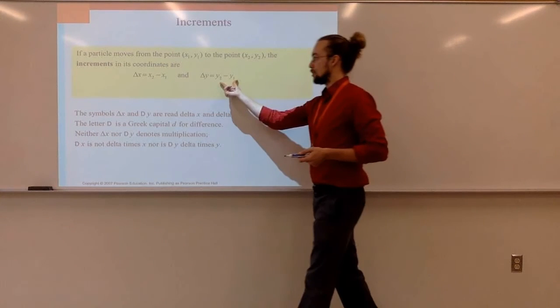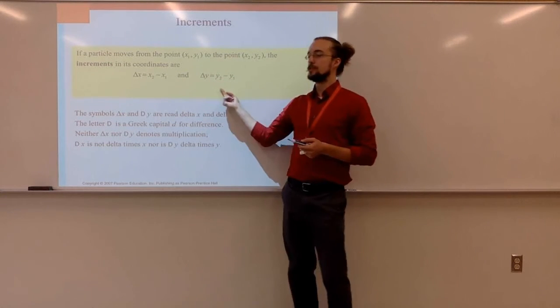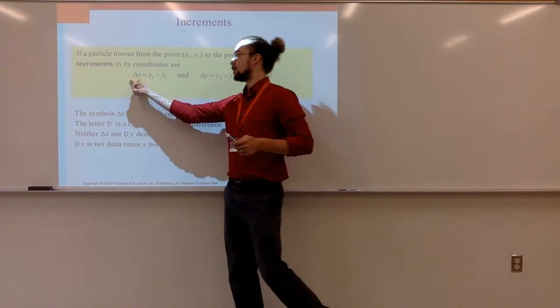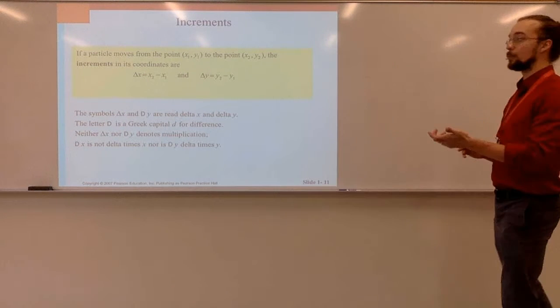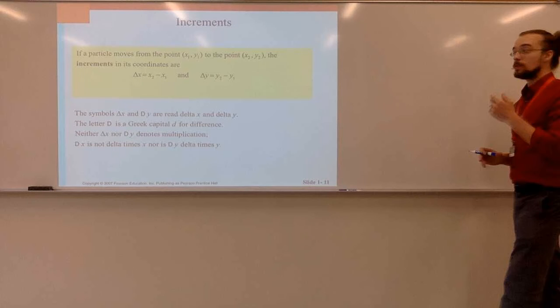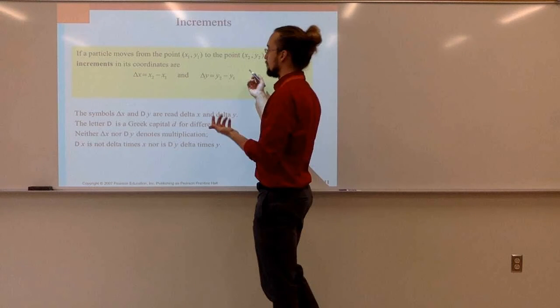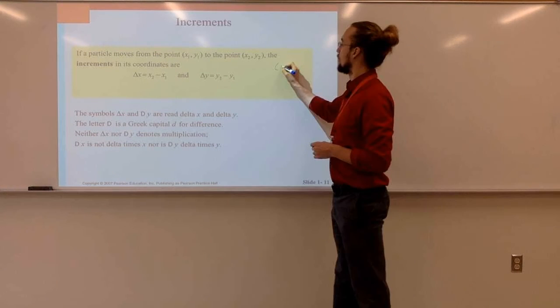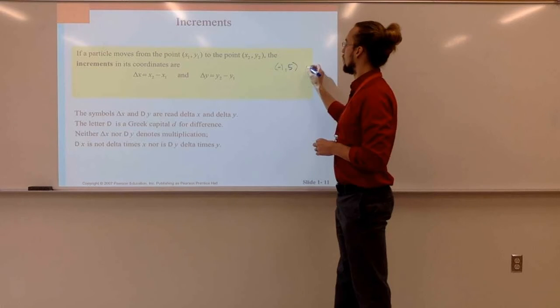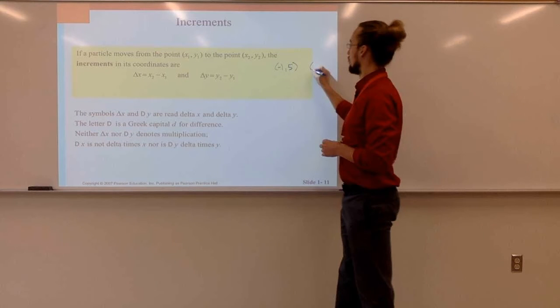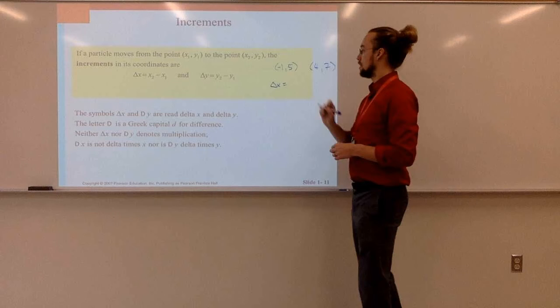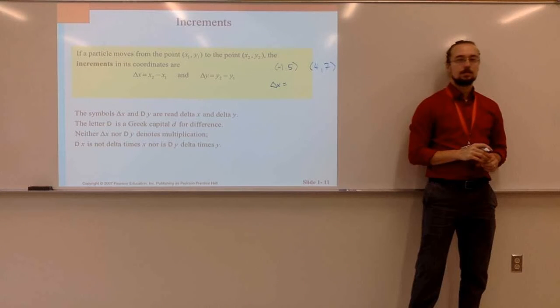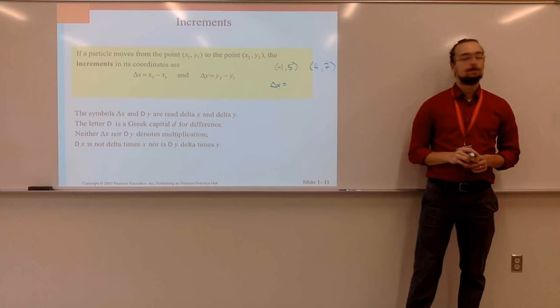Okay? Change in y is the difference in the y coordinates between 2 points, and the change in x is the difference in the x coordinates between 2 points. Okay? We can call those increments. So, for example, if I have the points -1, 5 and 4, 7, what is my change in x? 5.